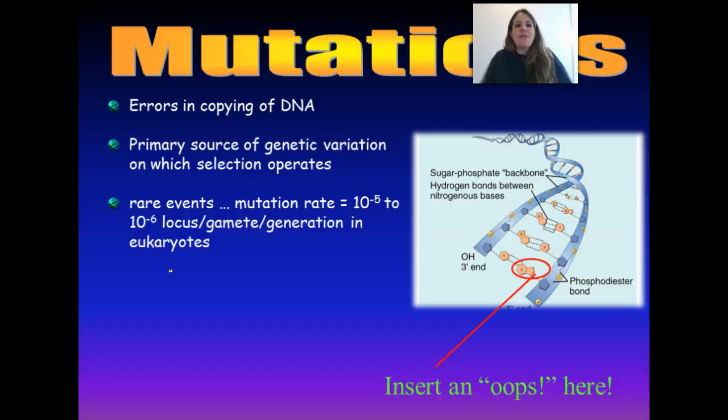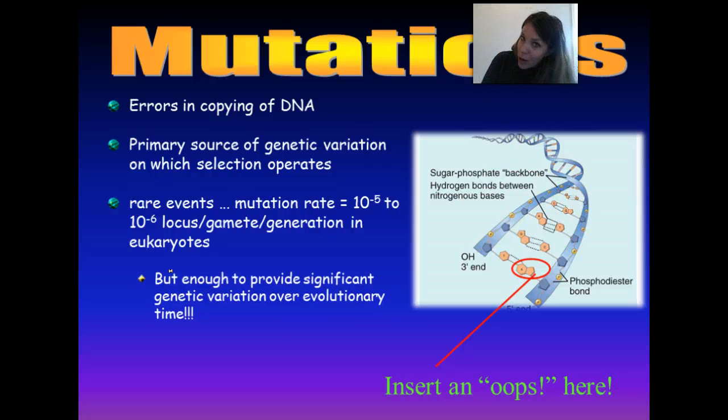So what that means is if you take any gene at any locus, any location on a chromosome, inside a sex cell, each generation there will be a 0.00001 to 0.0000001 chance that you'll have a mutation in that area. Now, don't worry about memorizing that. What that means is mutations are rare. But over an evolutionary time scale, it's pretty certain that any one gene will eventually experience a mutation event.